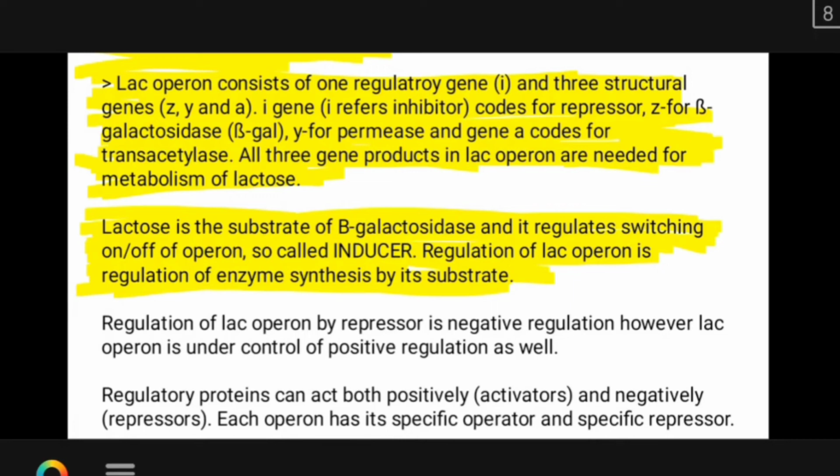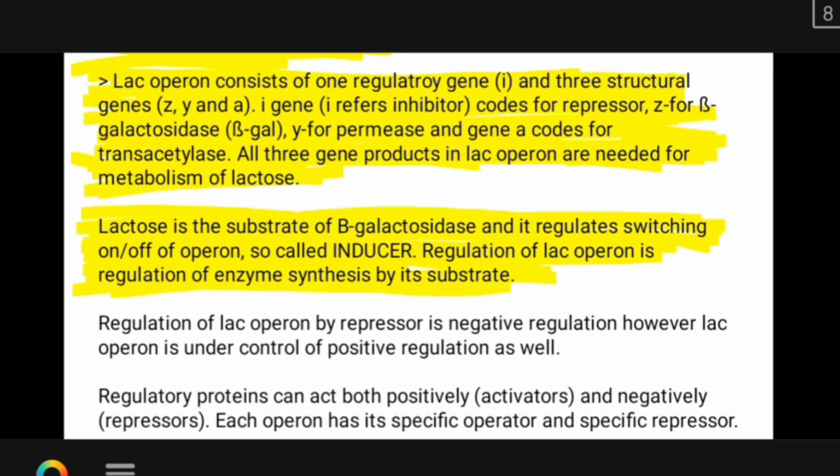So due to this it is switched off, but in the presence of lactose there is inactivation of the repressor, so DNA dependent RNA polymerase now binds to the promoter and transcription takes place. Transcription first takes place and then translation. So Lac Z codes for beta galactosidase, Lac Y permease, and Lac A transacetylase.